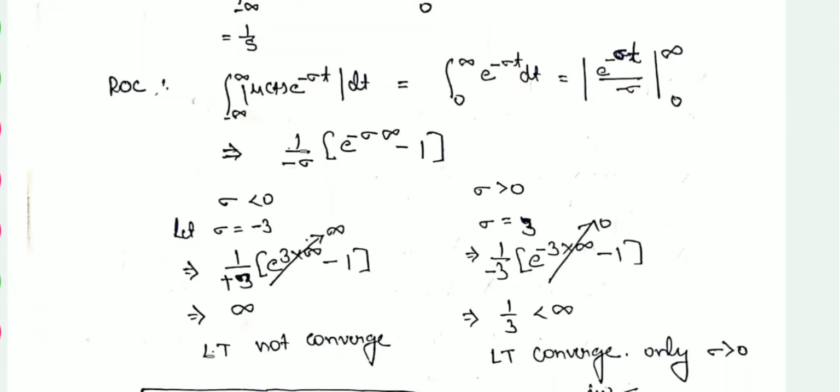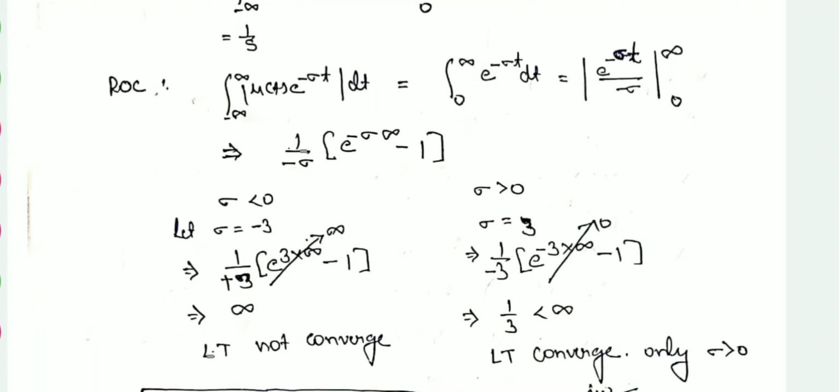The value of sigma has two possible cases: the value of sigma is less than 0, and the value of sigma is greater than 0. Let us consider one point: for less than 0, sigma is minus 3, and for greater than 0, it is plus 3.